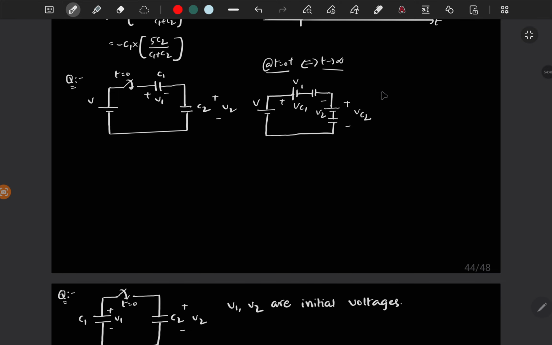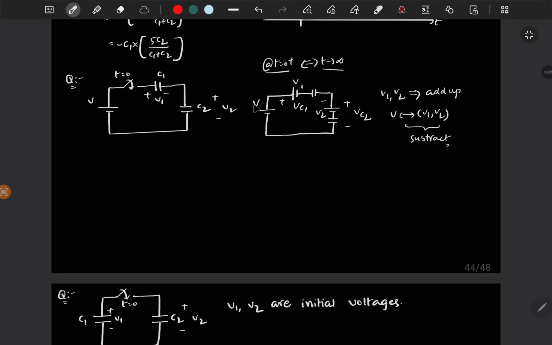V1 and V2 will add up, and V with V1 and V2 you will subtract, because same polarities are connected.